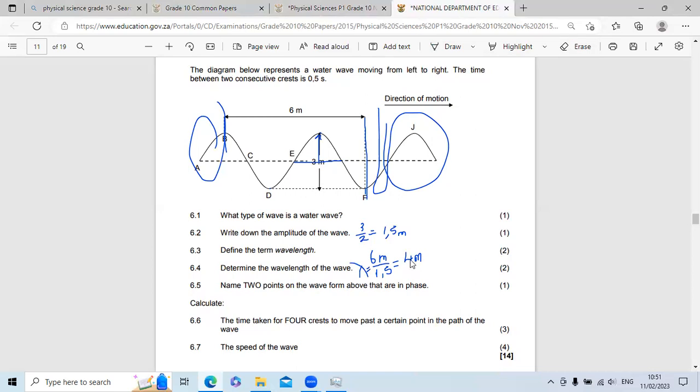So we're going to move on to the next question where they say name 2 points on the wave that are in phase. Do you still remember what points in phase means? Can you try to name 2 points that are in phase here? Points that are in phase form one full wave.